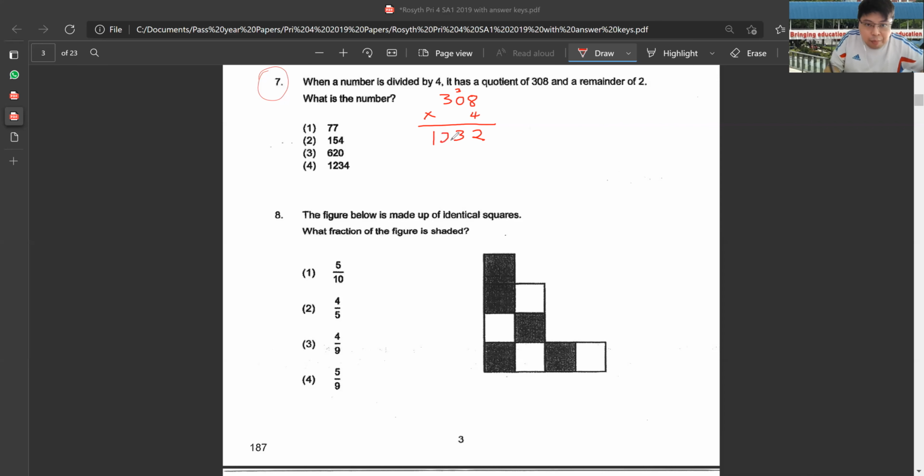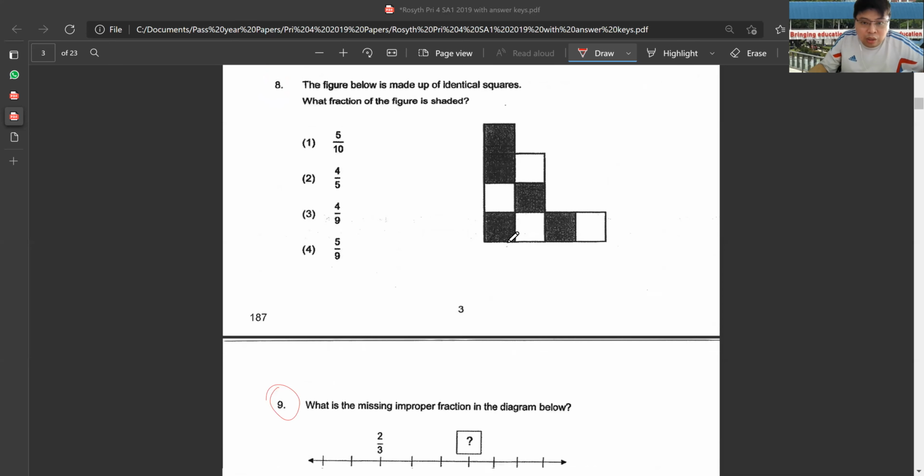Very good. Then after that, you need to add a 2. What's the final answer? Number 4. Okay, so this question is clear. Let's move on to the next one.